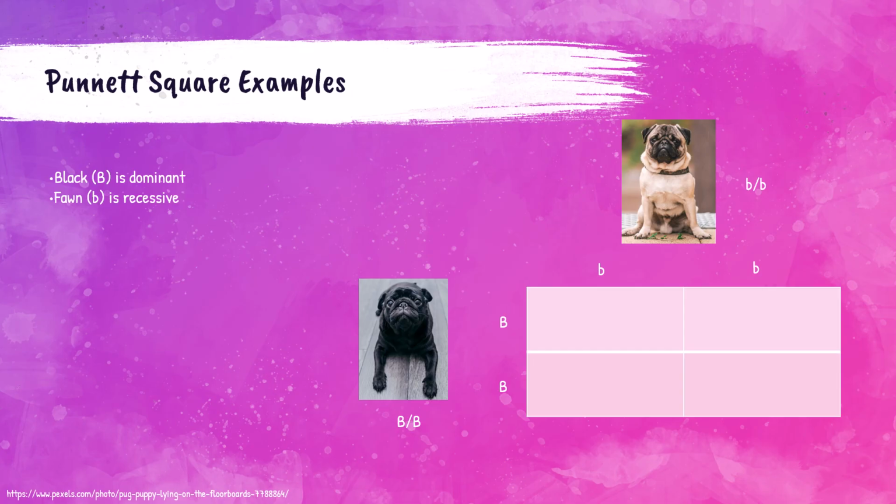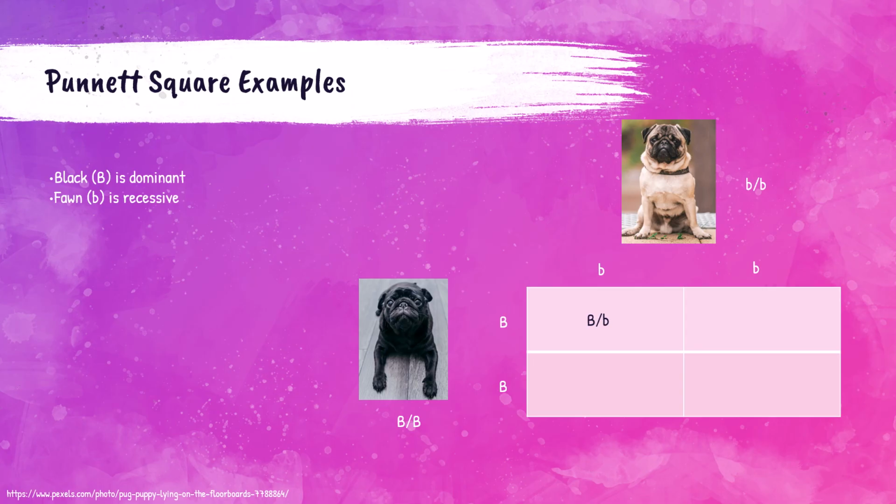All right, so again, I'm not going to use the arrows here. We should know by now what's going on. On the left-hand side here, this parent only has a big B allele to give. I clicked a little too early, but in this first box that I just populated, it's going to be a big B allele mixed with a little b allele, and that top parent only has 2 little b's to give.